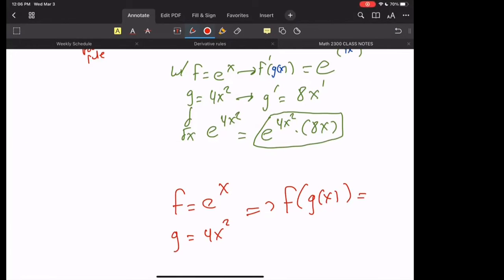Sorry, I meant to switch those. F was 4x squared and g was e to the x. Then that would be taking the x out of f and putting in the g. Do you see that?